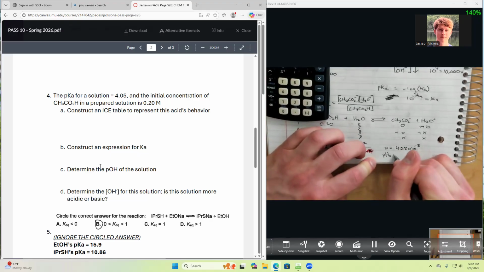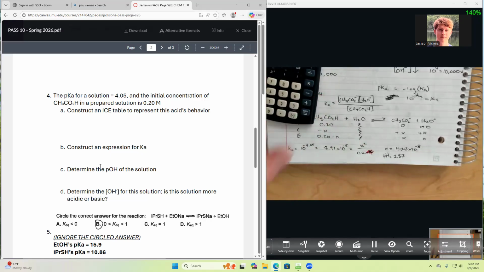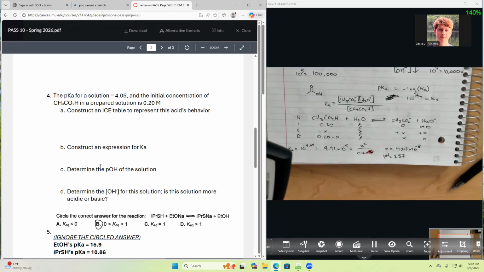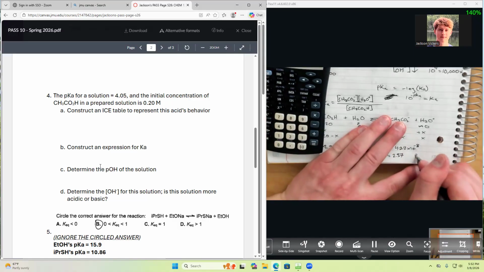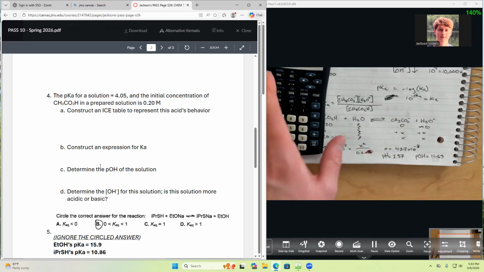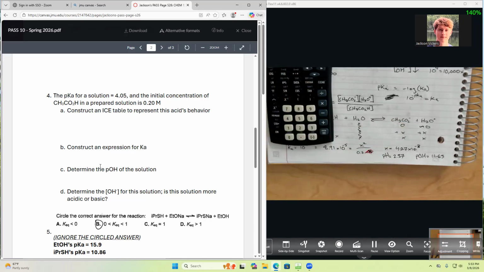Our pH is 2.37. But again, that's not enough. I made this one extra tricky, so we need to find the pOH. So we're going to do 14 minus that, and find that the pOH is 11.63.